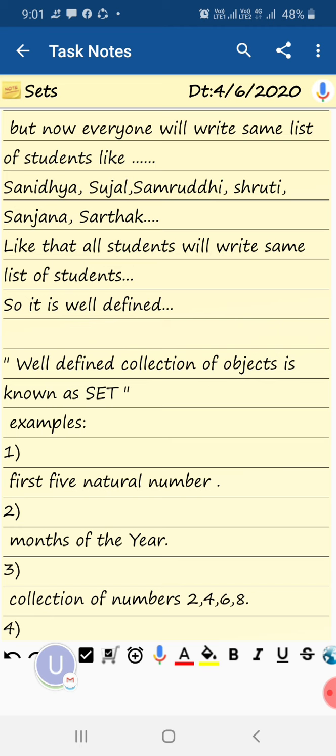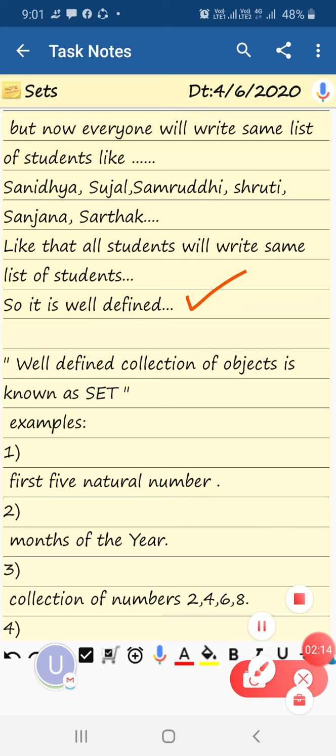All students will write the same list of students. So it is well defined. So understood now what is well defined. The definition of set is: the well defined collection of objects is known as set.